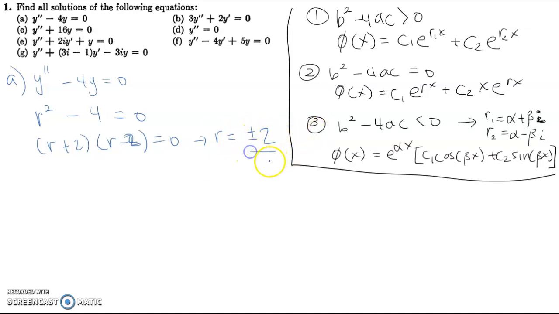So these are both positive 2 and negative 2. They're real numbers, so our case 1 would apply. So we can go ahead and solve that. The solution to this second order differential equation is going to be phi of x equals c1 e to the power of positive 2x plus c2 e to the power of negative 2x.